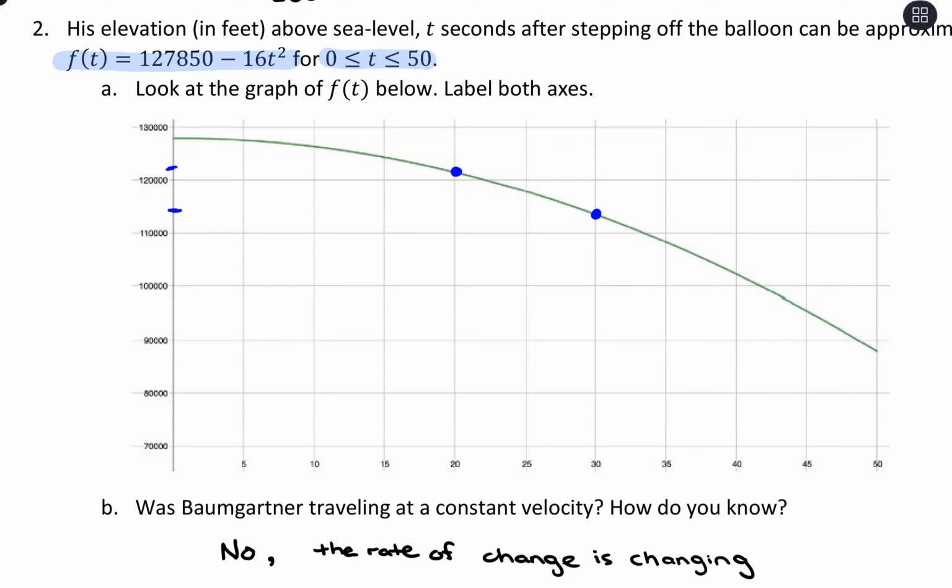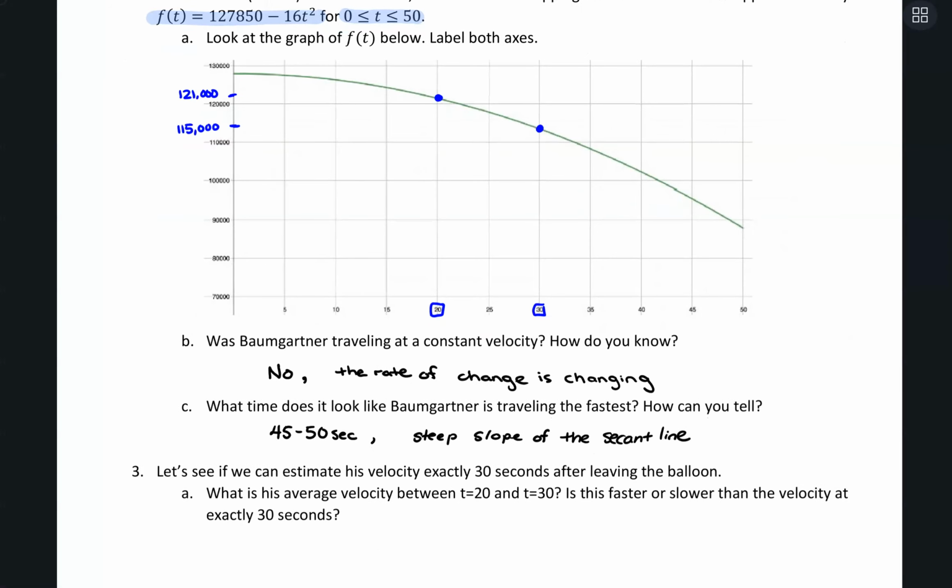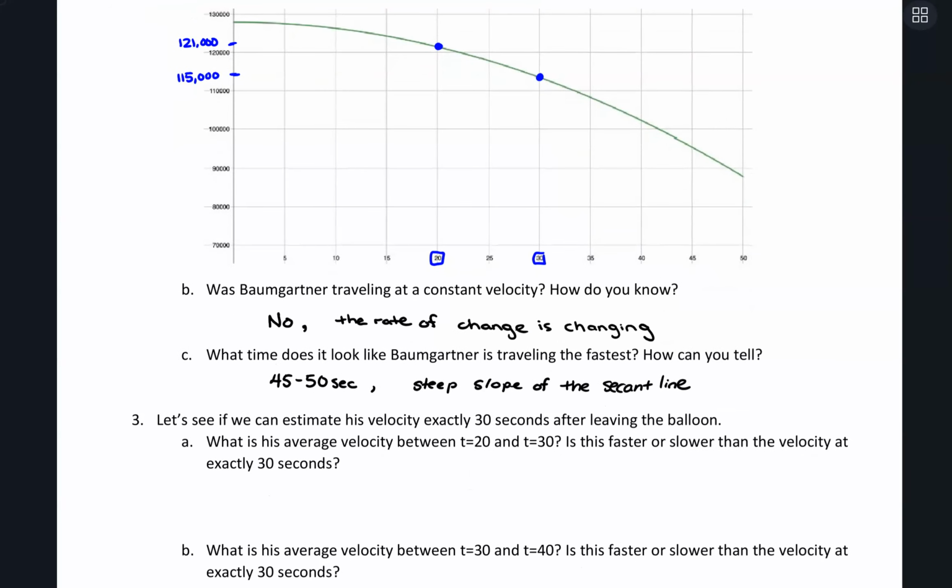So, I don't know, let's call this 121,000, and let's call this 115,000. I'm just estimating about where those would be landing. And then for our inputs, 20 to 30. Okay, so what is his average velocity between 20 seconds and 30 seconds?